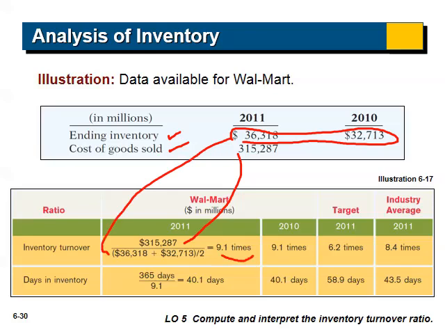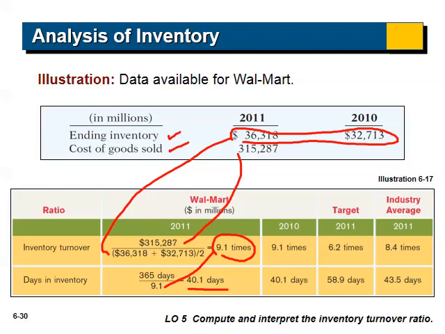So this means 9.1 times. That's how many times they buy and then sell, which we say turnover, buy and sell their inventory. And then we can convert that into number of days by putting that in the denominator, divided into 365. And so what that means is that's how much inventory they have on hand, 40 days until they run out.